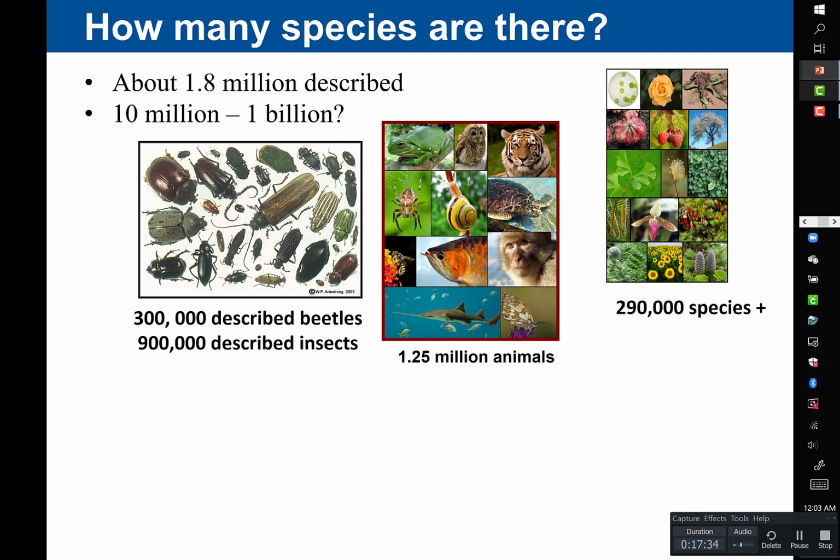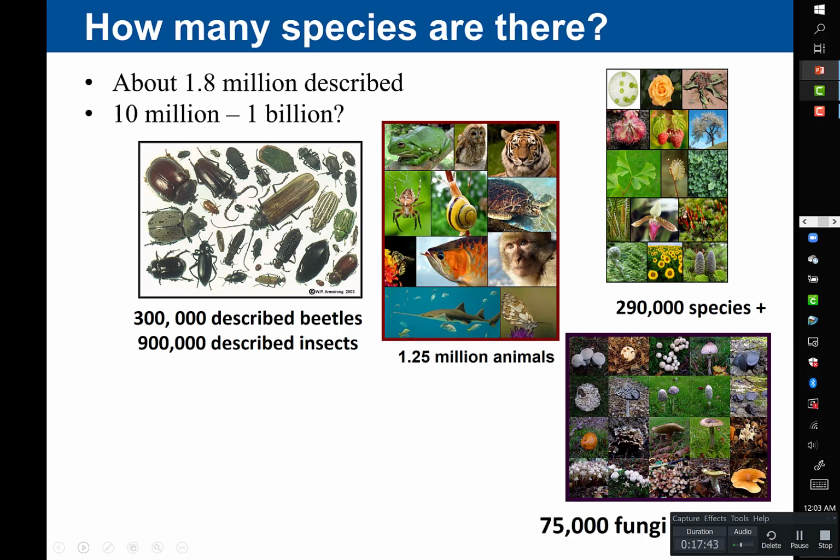If we look at plants, plants have about 290,000 species that are currently described. If we look at fungi, there are about 75,000 different fungi. But again, is it more on the upwards of 1.5 million? We're still discovering a lot of different new species.